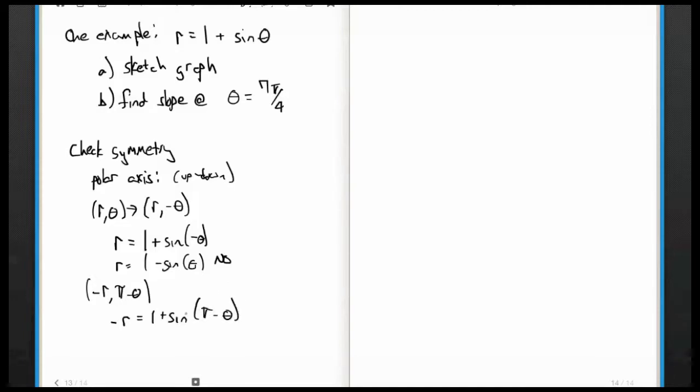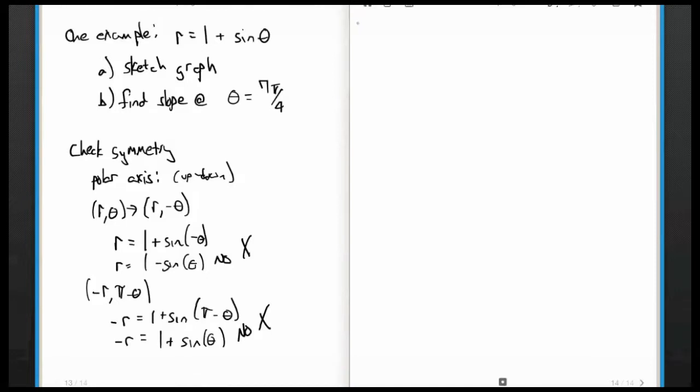Does that work? The sine of pi minus theta, remember sine is the y value, so really that stays the same, so that becomes negative r equals 1 plus the sine of theta, which is not the same as our original function, so that doesn't work either. So neither of these worked. So it is not symmetric about the polar axis, or in other words, it doesn't have up-down symmetry.